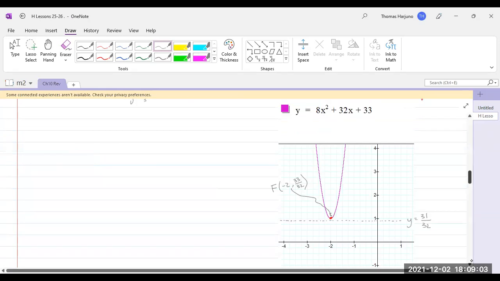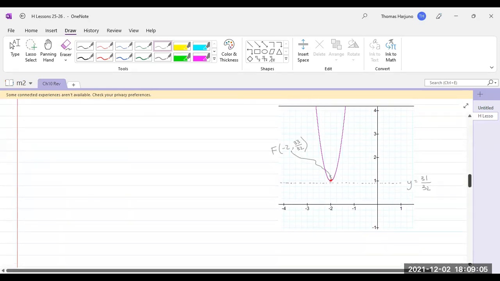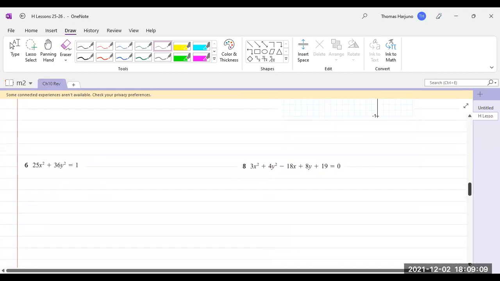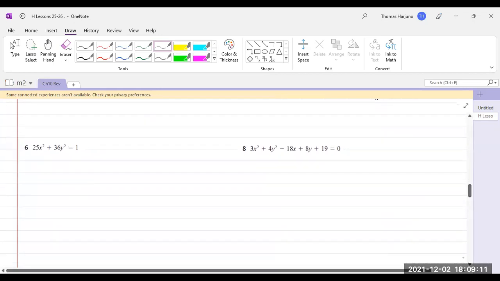Okay, now that's for number 4. Let's go on with number 6. Oh, number 6 is already equal to 1. We have an x squared term and a y squared term, and the operation between is addition. So this must be an ellipse, right? Now, the problem, however, is this is not in standard form.